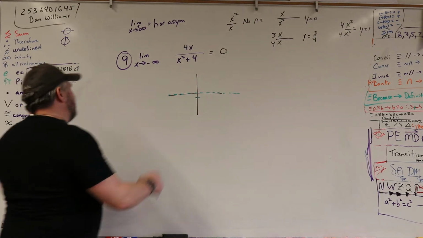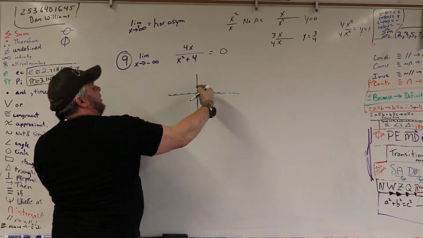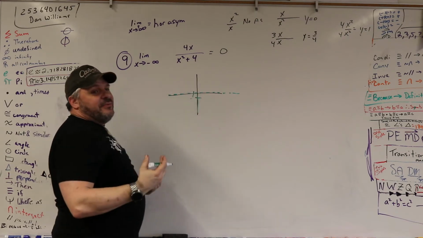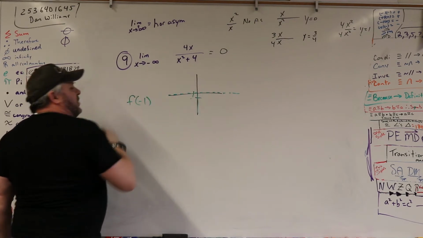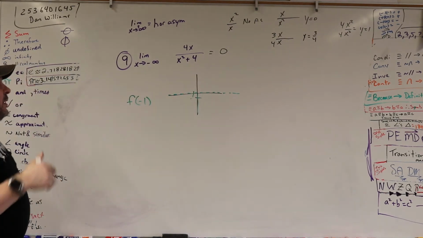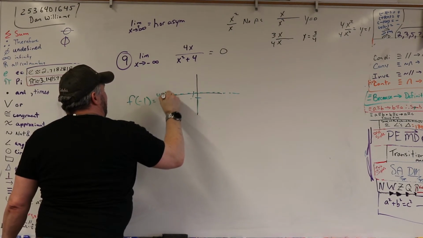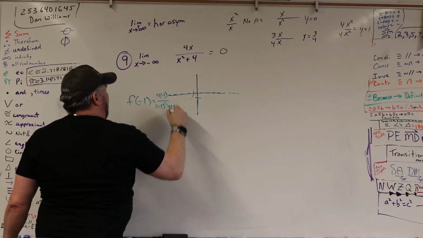Oh no, my bad, I'm sorry. As x goes to negative infinity, we're talking about this side, right? So let's look at x equals negative 1. At f of negative 1, what happens when we plug that in? We get 4 times negative 1 over negative 1 squared plus 4.